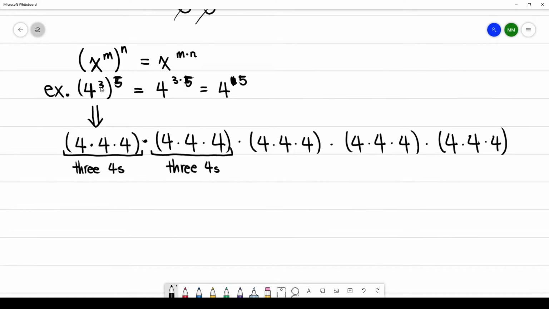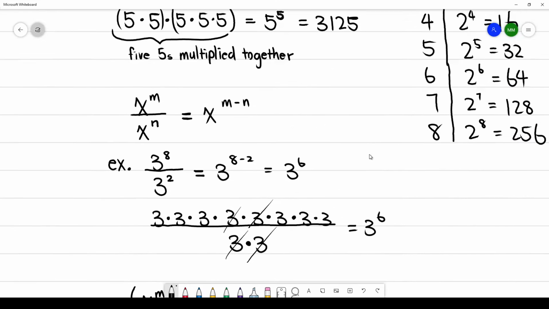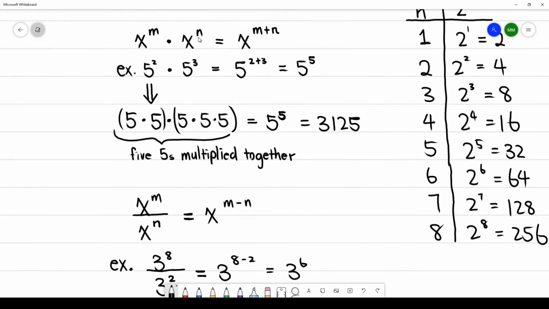The inside number, m here, is the number of bases in each group, so 4 is the base. And the n on the outside is how many groups there are. So this is why this becomes multiplication. Whereas when you have just x to the m times x to the n, that's addition.